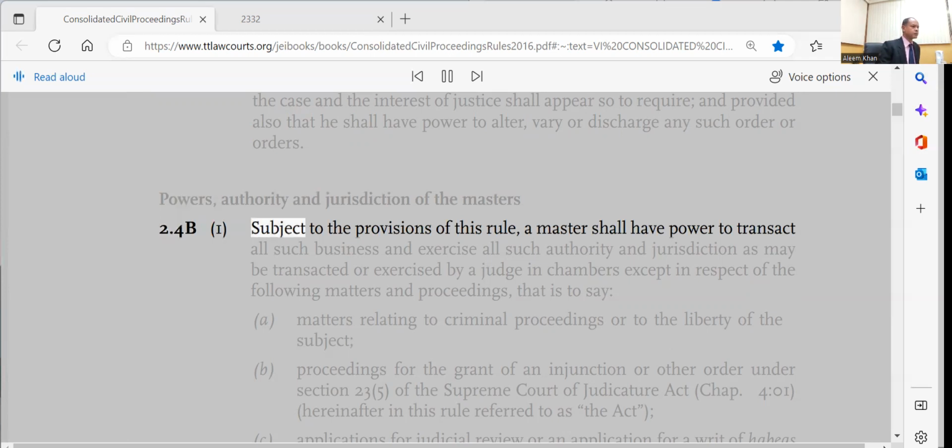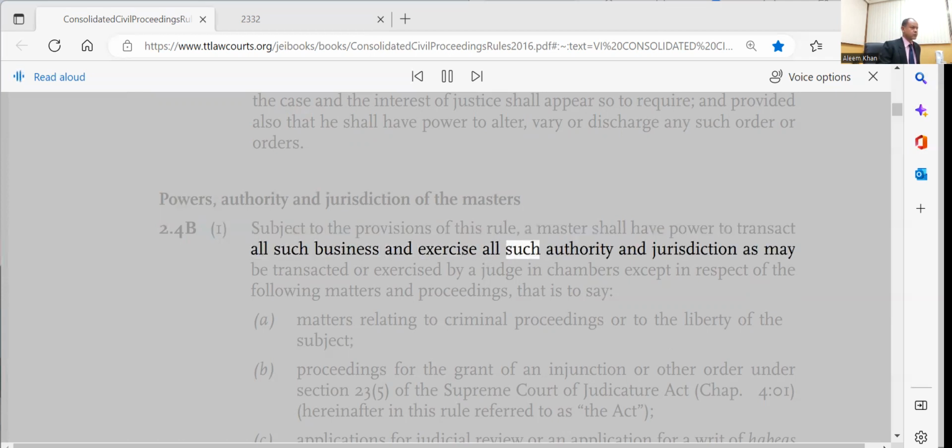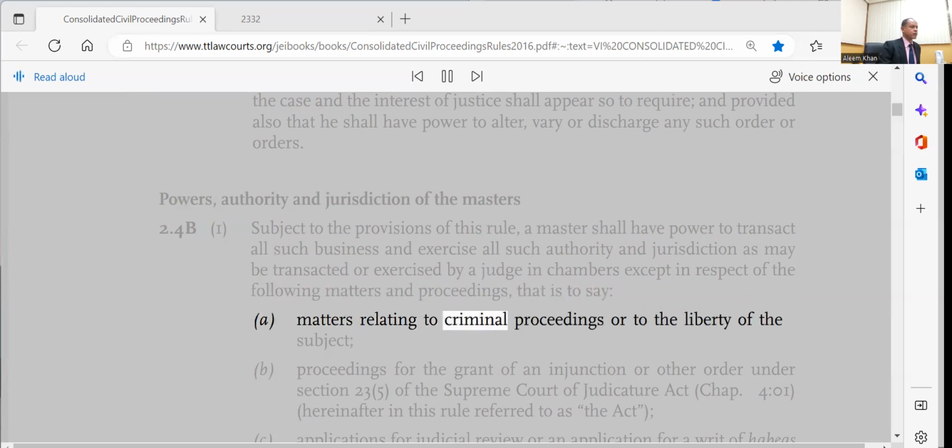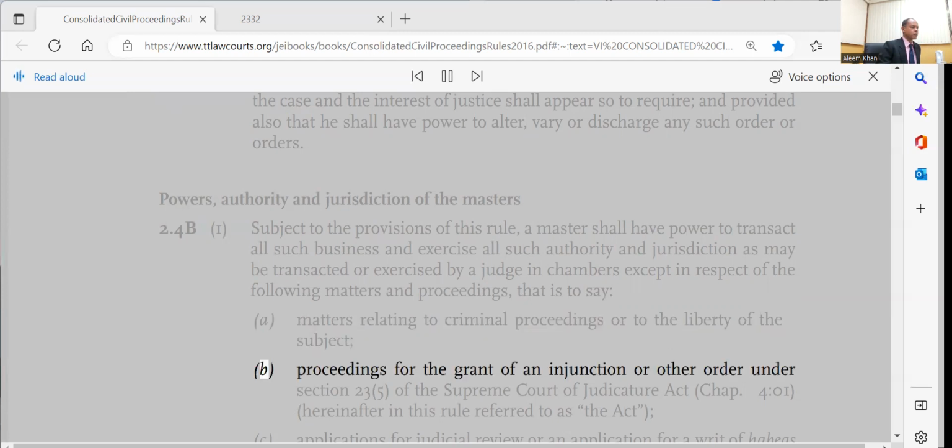2.4b. 1. Subject to the provisions of this rule, a master shall have power to transact all such business and exercise all such authority and jurisdiction as may be transacted or exercised by a judge in chambers except in respect of the following matters and proceedings, that is to say, a. Matters relating to criminal proceedings or to the liberty of the subject. b.